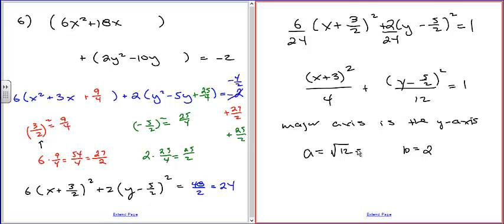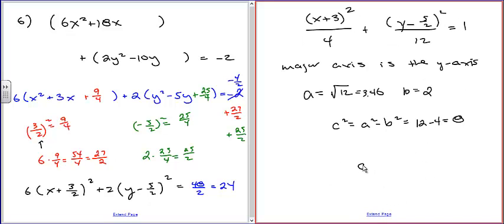And if we take the square root of 12, we'll get 3.46. And c squared equals a squared minus b squared. So that's 12 minus 4, which is 8. And therefore c is equal to the square root of 8. And the square root of 8 is 2.83.